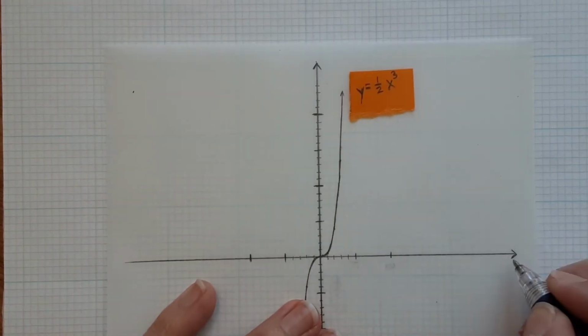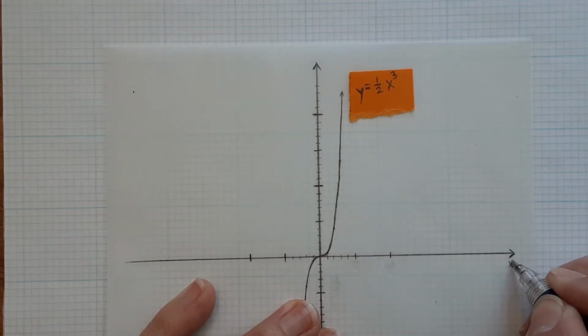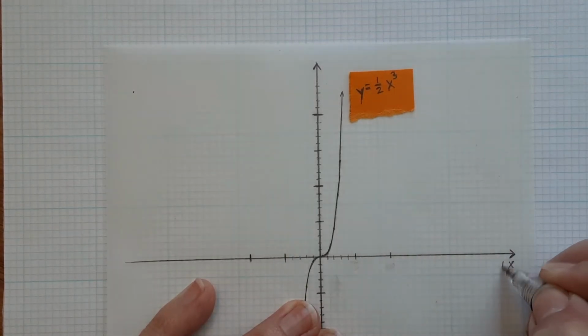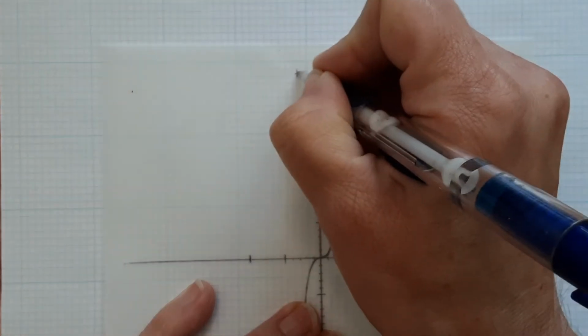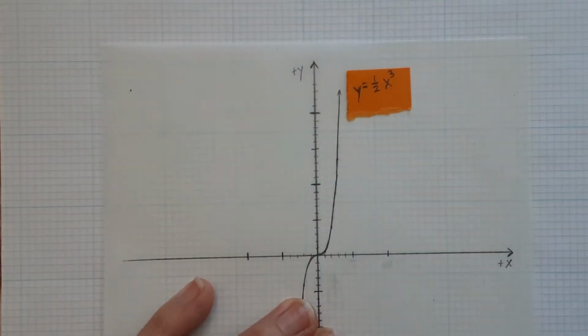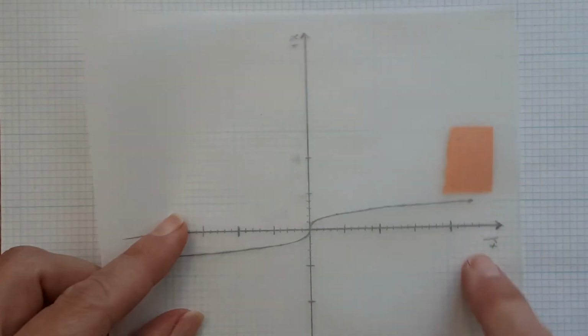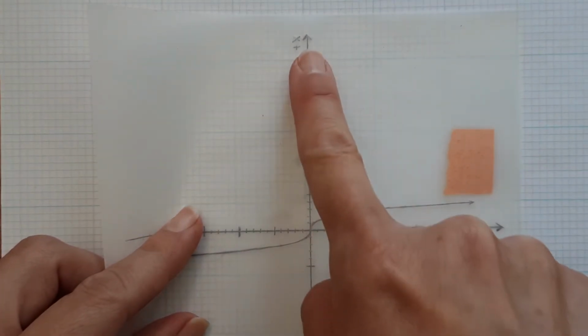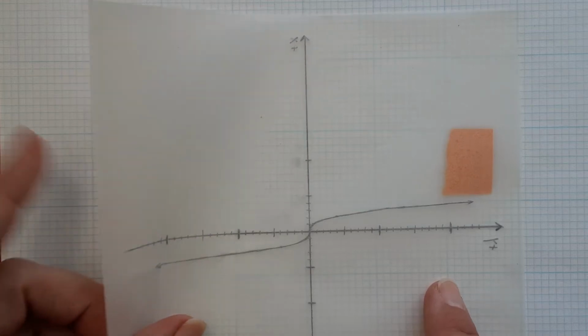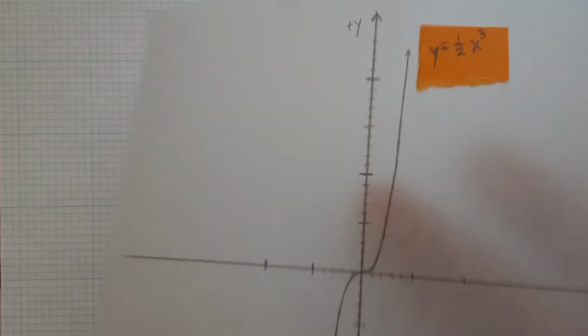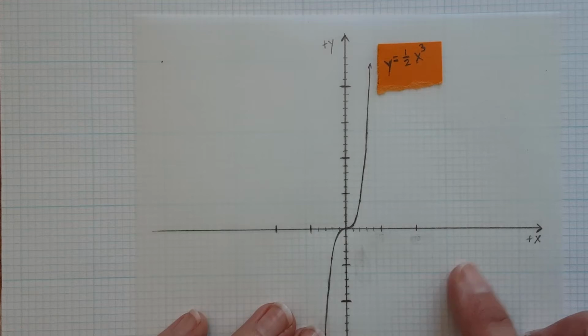Let me make this a little more clear. Here's the positive x, and here's the positive y. And I want to swap those. So now the positive y is down here and the positive x is up here. How do I swap those?